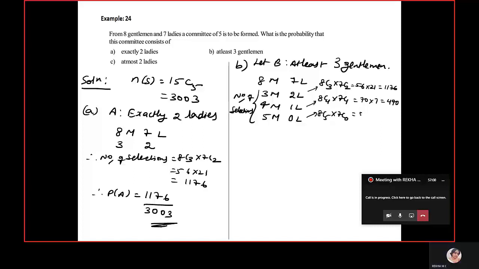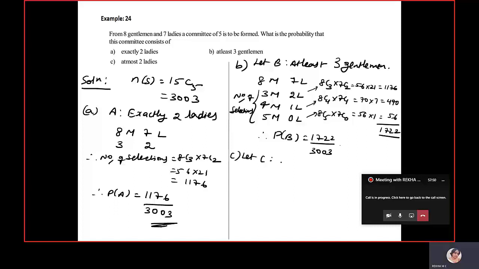And this 56 into 1, that is equal to 56. So add all this, I will be getting total number of selections as 1722. So therefore, the probability of B, that is forming a committee so that the committee consists of at least 3 gentlemen, is equal to 1722 divided by 3003.